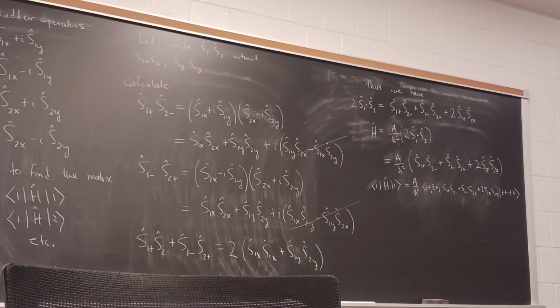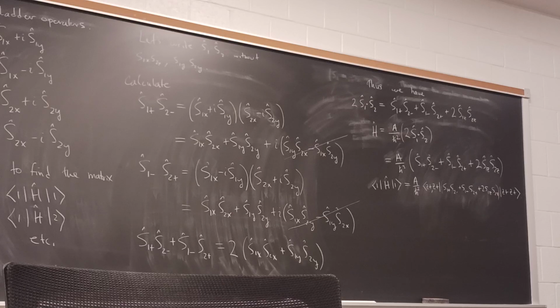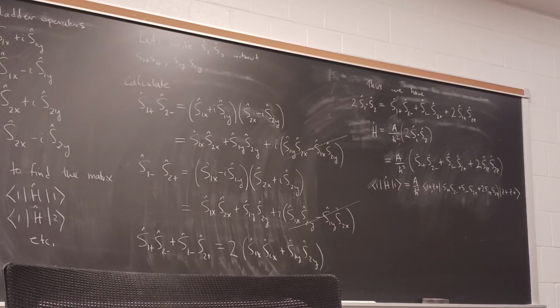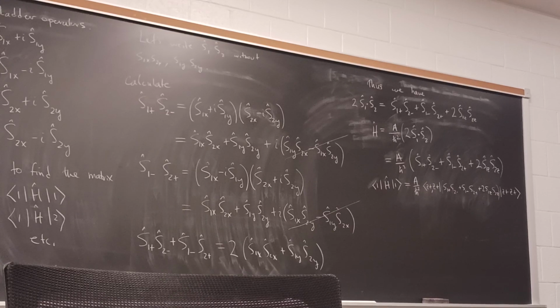Okay, well, I guess S1 plus S2 minus is going to raise or lower the z plus to z minus? If it's a minus, yeah, S1 plus S2 minus lowers z plus to z minus. I don't know if we got that right. Well, what does S1 plus do on the first, on z plus?